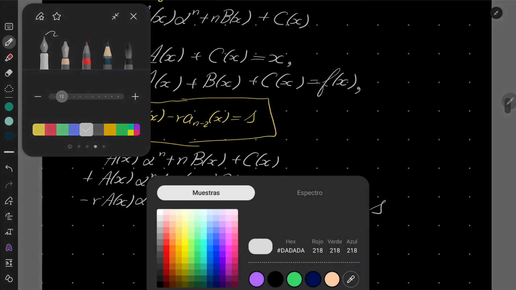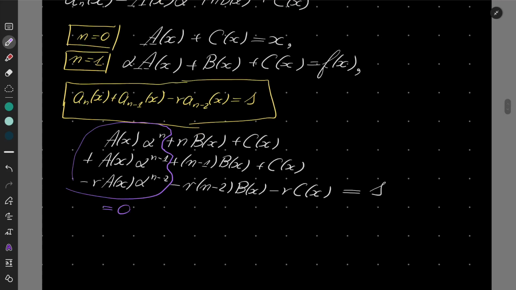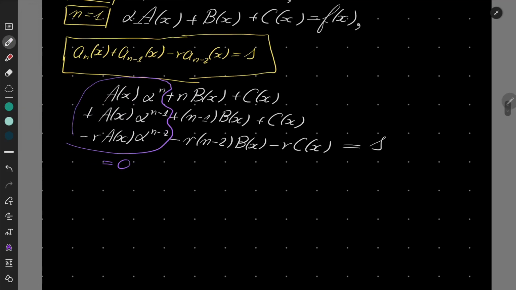Again, we play our game. This part is 0. It's 0 because alpha is the root of our characteristic polynomial. And what do we get? Let's take a look. We have n times b(x) plus n minus 1 times b(x) minus this many times b(x).